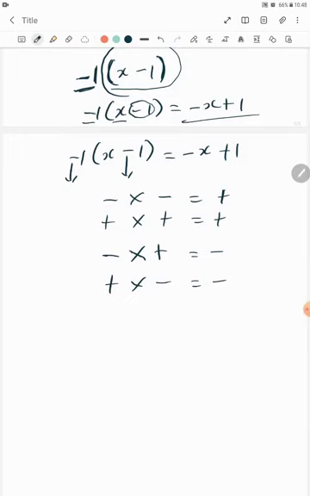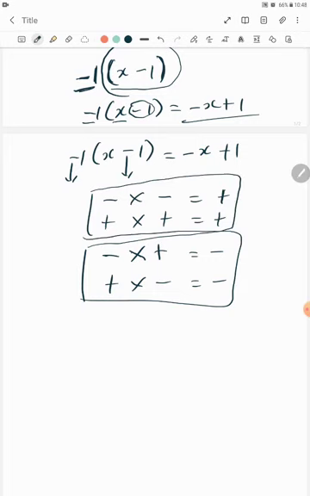Now, the easier way to know this is for you to just group them like this. When the same sign multiply each other, they will give you plus. But when two different signs, by sign I mean plus and minus, when two different signs multiply themselves, they will give you minus.